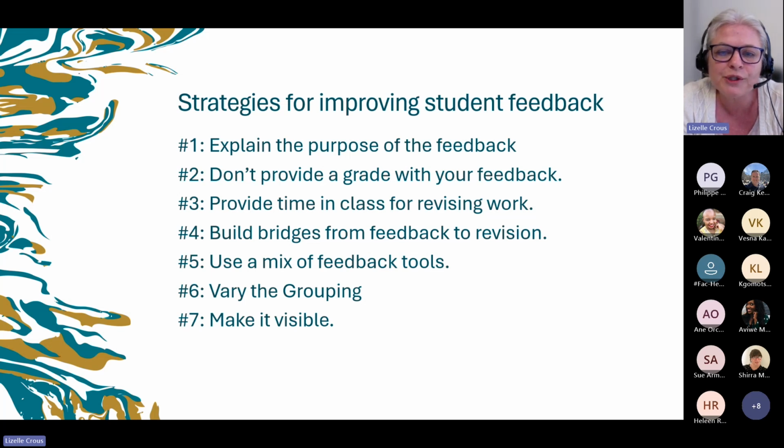So if we want our students to make sense of the feedback, we need to block out time for them to engage with feedback, revise their work based on the feedback, and give them time to meaningfully interact with revising their work, changing or adapting the product that they've produced, and then resubmit that.